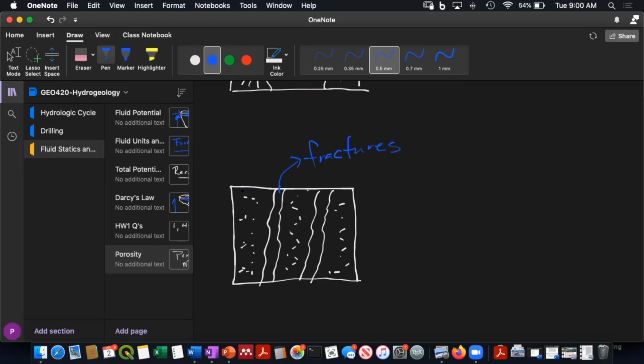And in the parlance, these are called fractures, and this intact rock is called matrix. All right. So if I look at this cube of fractured rock, I can also have fracture porosity. All right. And that would be the volume of the fractures to the volume of rock.